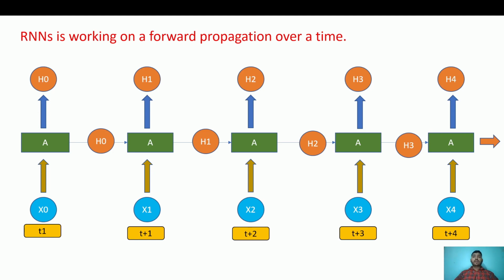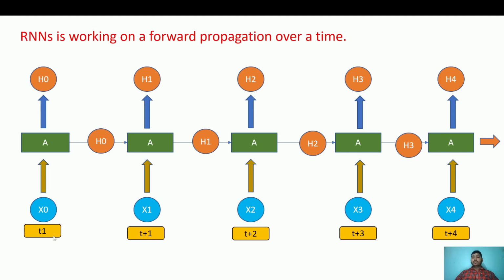Here RNN is working on forward propagation over time, which means on each timestamp, like here t, and the second timestamp is t plus 1, right? On each timestamp it goes in the forward direction, and at each timestamp we take the input of one word of the particular sentence and pass it to the neural network, right?